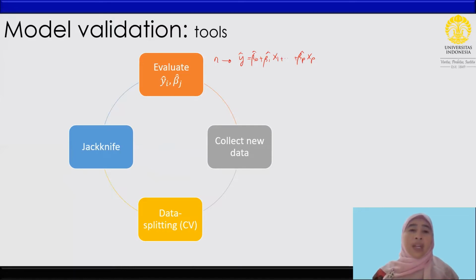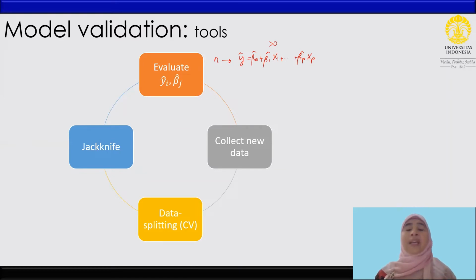We can also check on the estimated beta parameters. Let's say based on the context knowledge of the problem represented by the data, I expect that beta 1 should be positive. But then it turns out that the estimated value of beta 1 is negative. So it seems not as I expected.